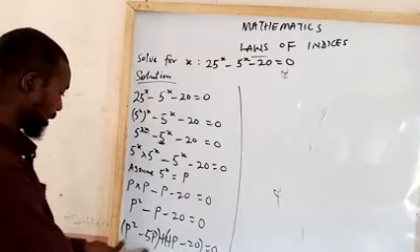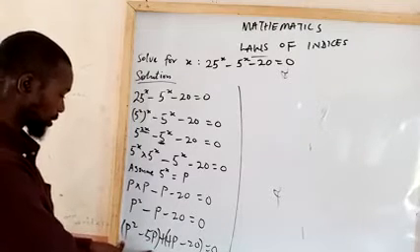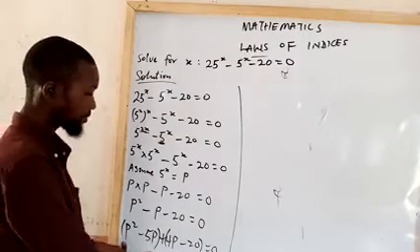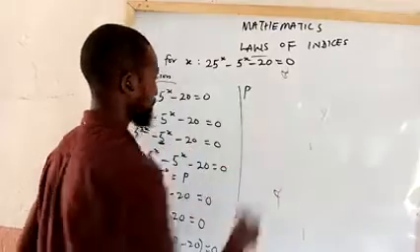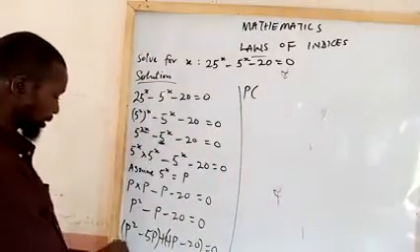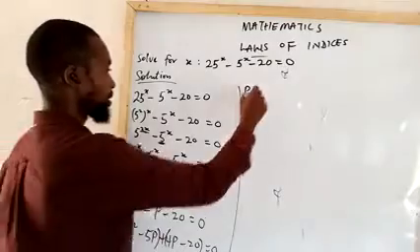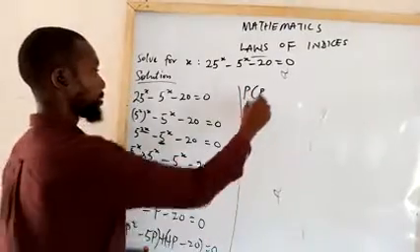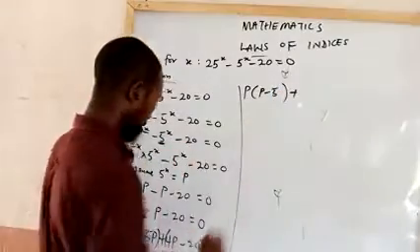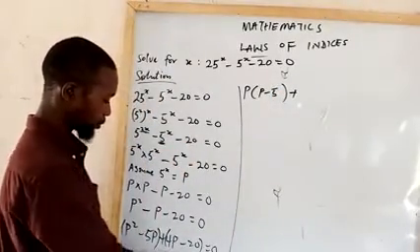Between P squared and minus 5P, we want to look for what is common. We can see P is common to both P squared and 5P. So that common number is going to be outside. So I will now open a bracket. What do I have left here? P minus 5.